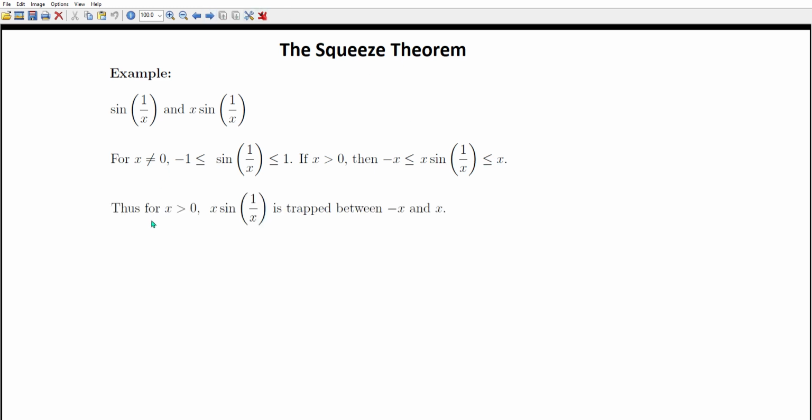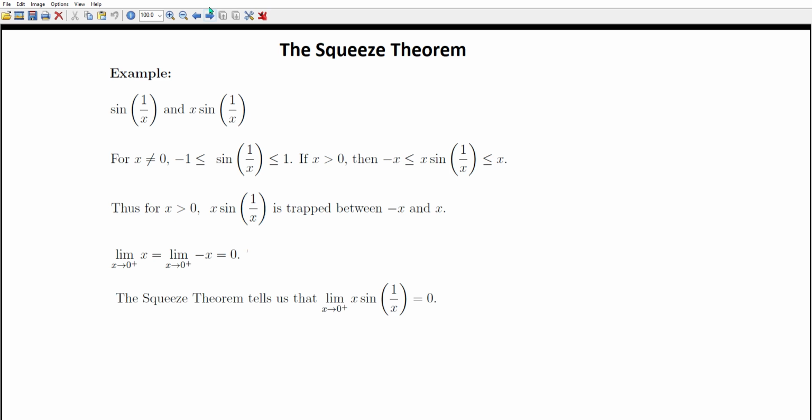When x is bigger than 0, this thing is now trapped between the lower thing minus x and the upper thing plus x. As x goes to 0 plus, both of these things go to 0. So the squeeze theorem says that the trapped object, x sine 1 over x, goes to 0 as well.